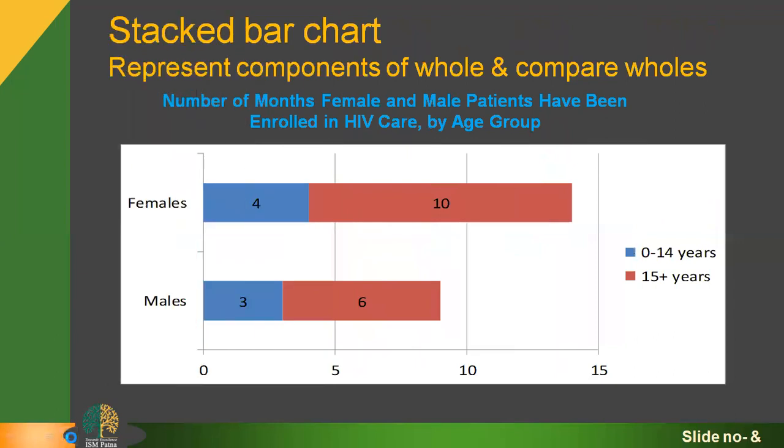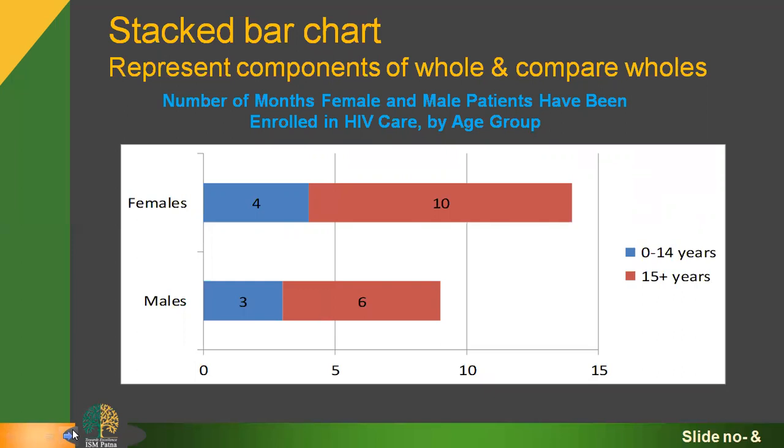Let us see the stack bar chart. What is the meaning of it? Suppose we have a parameter which is representing the complete figure. Okay. And this complete figure, suppose 0 to 15. Then we have a differentiation of parameter or variable categories like male and female.